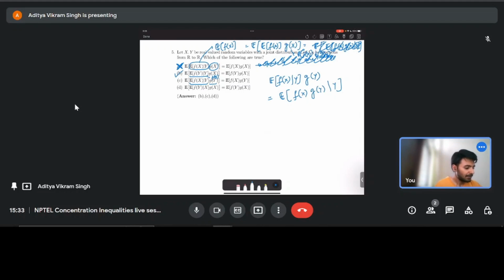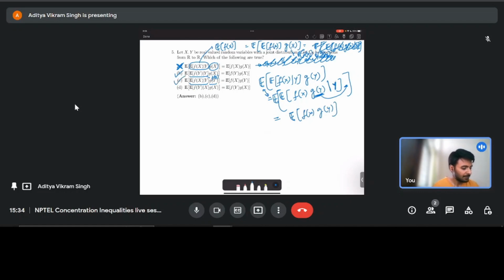Because once you're given y, g(y) is just a constant, so g(y) can come out. So that is why these two are equal. And now it's just the expected value of a conditional expectation, which is just the expected value. So this would just be a fixed g(y). So C is also correct.